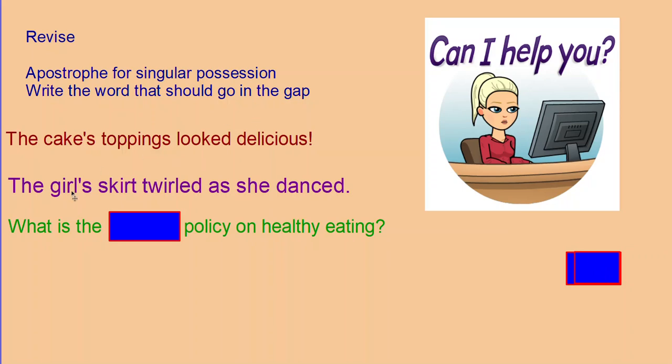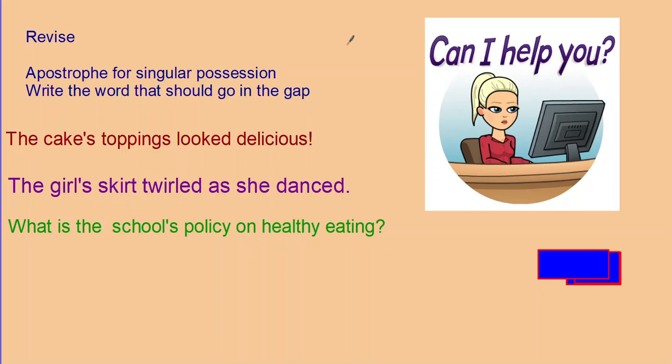So one girl, and the skirt belongs to the girl. The apostrophe is showing us that the skirt belongs to the girl. And the last one, what is the school's policy on healthy eating? The apostrophe is showing us that the policy belongs to the school.